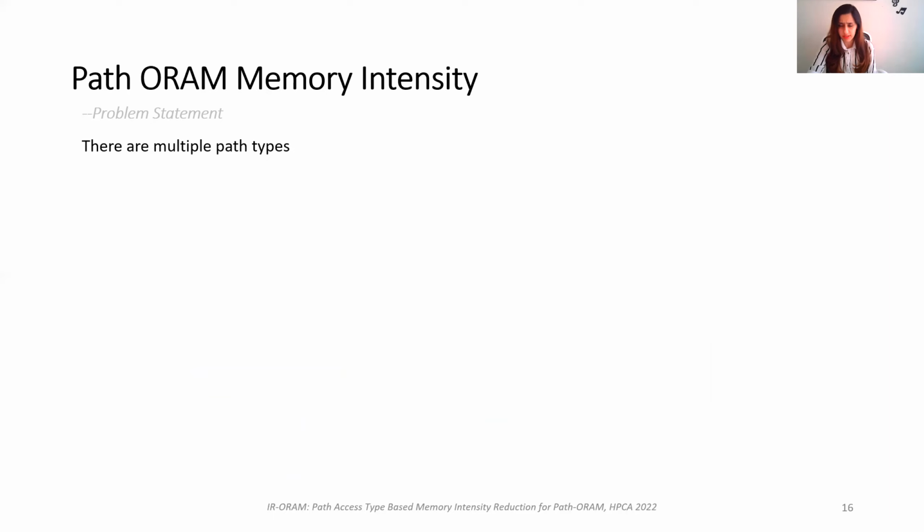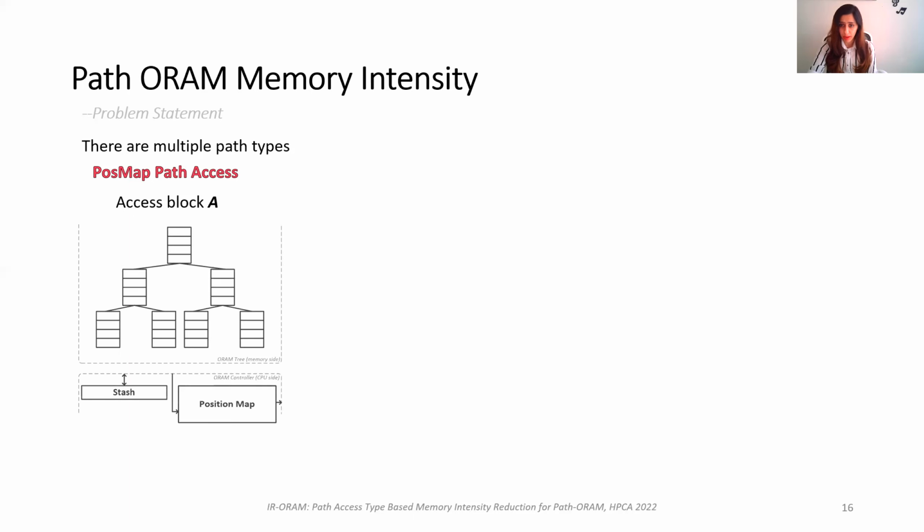Continuing on memory intensity, there are multiple path types. Assuming we want to access block A, first we need to know its path ID, so we look up the position map. But at real scale, the position map itself is too big to fit on chip.